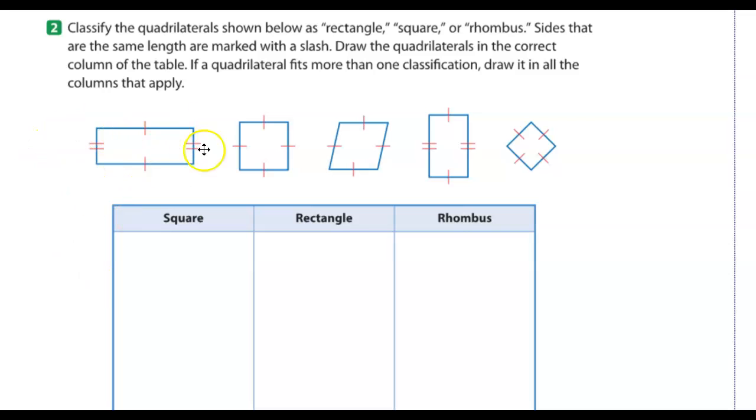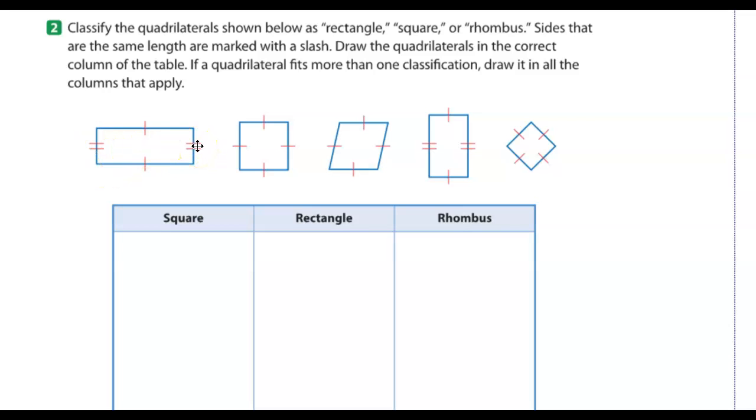So all of these only have 4 sides. When you see these two that are matching, that means these 2 sides are going to be the same length. And where these 2 are matching, the 2 little slashes, the equal signs, it means those 2 are equal.